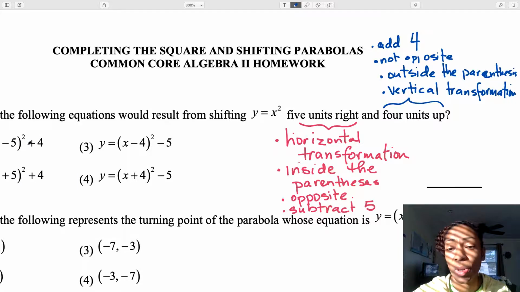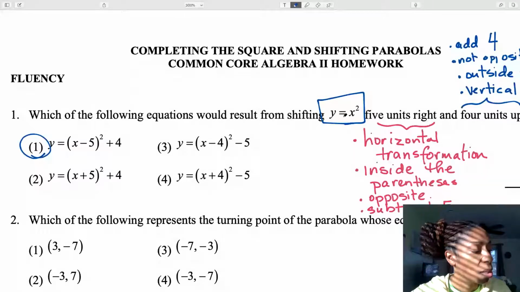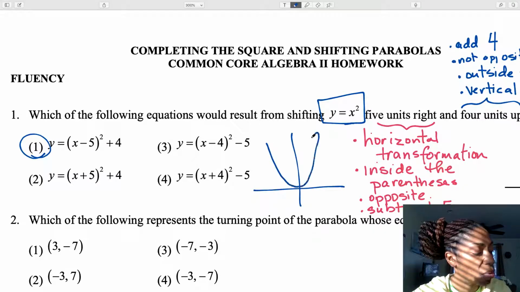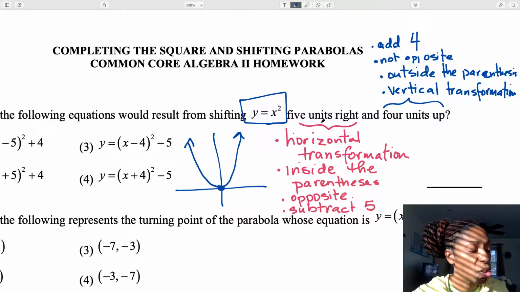And that's how you can show your work, show your thinking. So this will be your parent function. That would be if we did not do any transformations to the parabola y equals x squared. The vertex would be at 0, 0. But now, because of these translations, we're going to shift to the right 5 units and up 4 units.